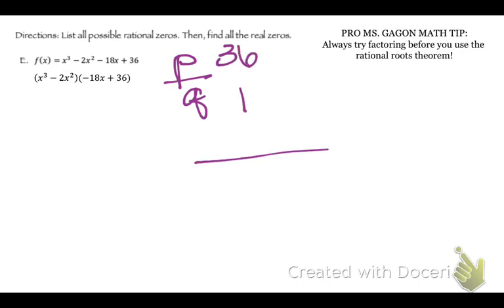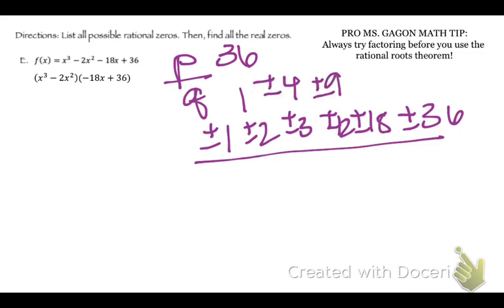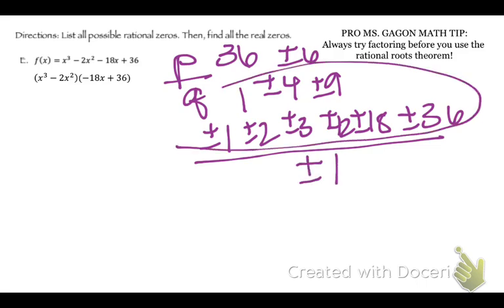So my factors are going to be plus or minus 1 and plus or minus 36. 2 goes into it 18 times. 3 goes in 12 times. 4 goes in 9 times. 5 doesn't, and then 6 does. So it's 1, 2, 3, 4, 6, 9, 12, 18, 36, all over 1. So these are the possible rational zeros.